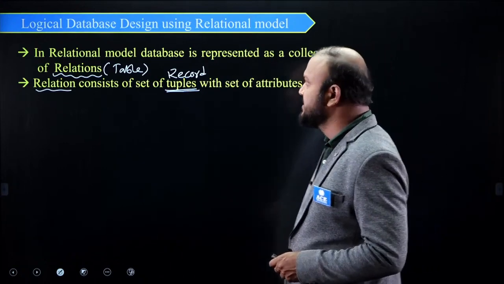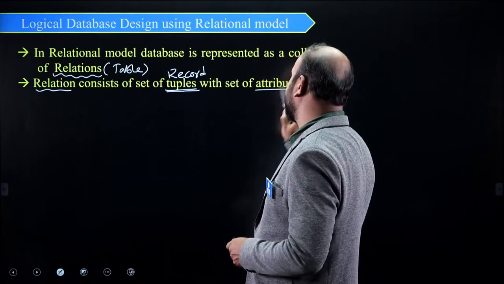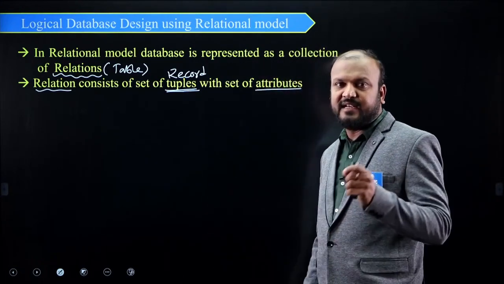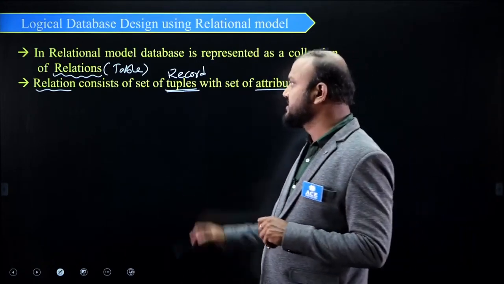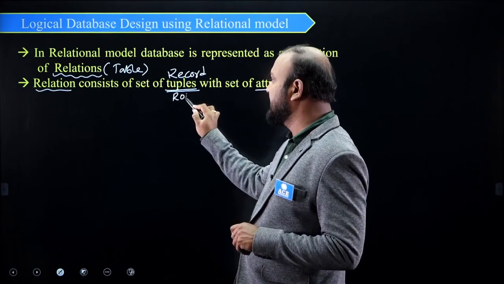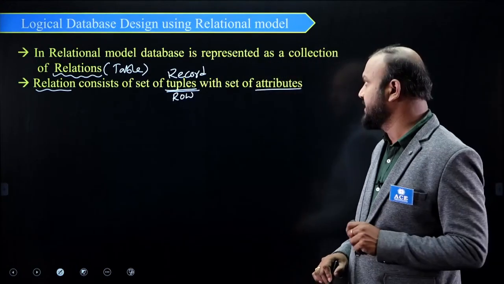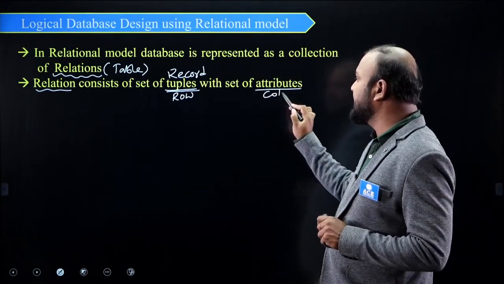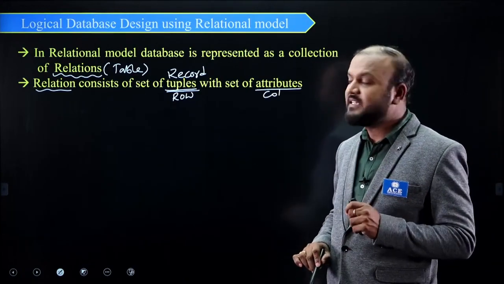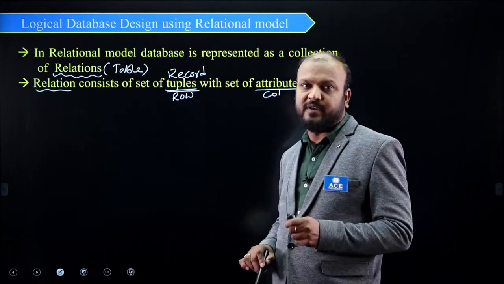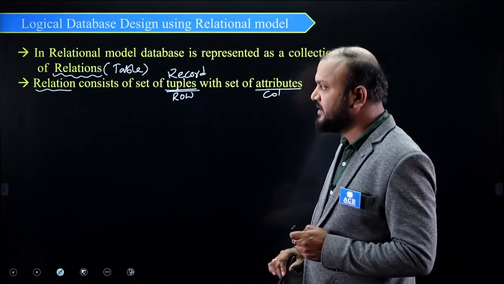A table contains records with a set of attributes. Generally, a table consists of rows and columns. Each row we call one record, and each record is called one tuple. And a table contains columns. Each column is called one attribute of a tuple or attribute of a record.